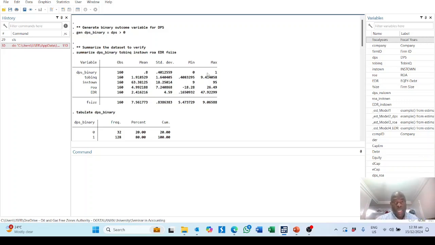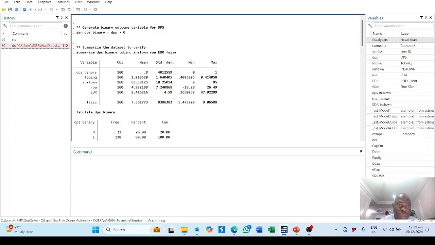So the minimum and the maximum will hover around 0 and 1. The mean value tells us that about 80% of the firms in this observation actually pay dividends, while 20% are not paying dividends.